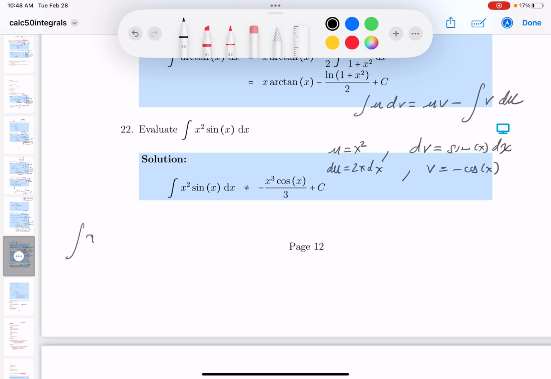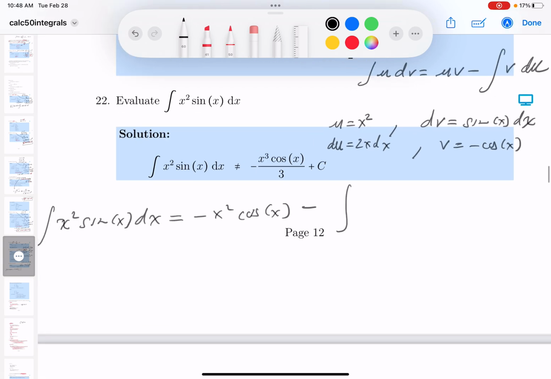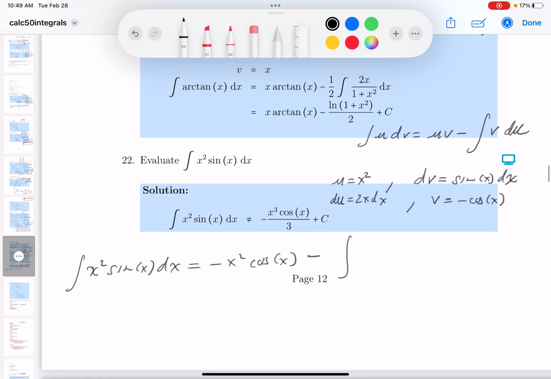So you get the integral of x squared sine x dx equals, let's see, uv, so it's going to be minus x squared cosine of x, and then I get minus, let's be careful over here, v is minus cosine, so it's going to be plus then, because minus and minus is plus. We got a cosine there, times the du, which is 2x dx.